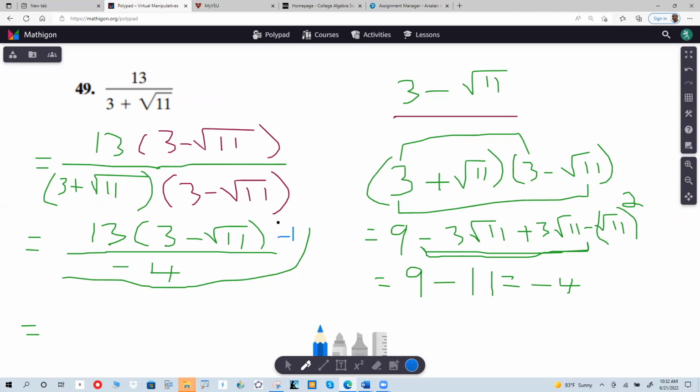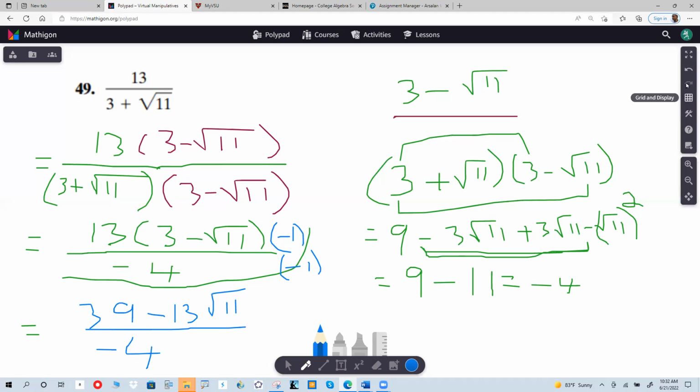Wait, so that 13 with the 3 minus negative square root 11, that's good right there. I would accept it. I know why you're asking this. Some people will tell you, no, you have to multiply. Go ahead, do it. And I'll tell you 13 times 3 is 39. Would you accept that one too? I will. There's nothing wrong with this. Over minus 4. So that's also acceptable.